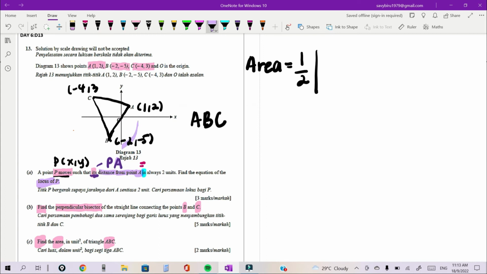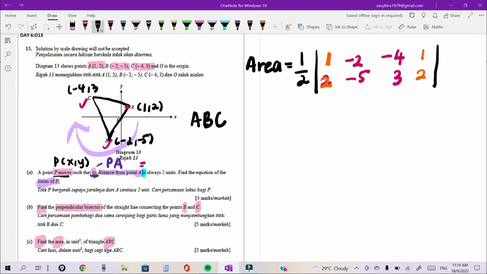Let's say I go clockwise. My first point will be A. My second point is point B, that is (-2, -5). My next point is point C, that is (-4, 3). And don't forget to repeat the first point. Where you start at A, you end at A. Then only we have an enclosed shape.